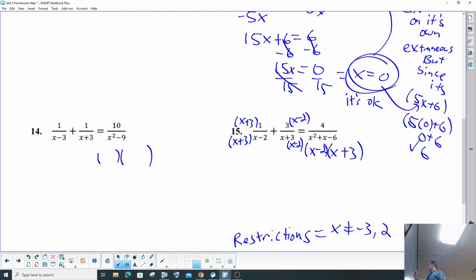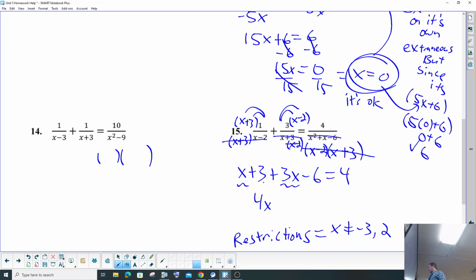So now we're going to eliminate the bottom. Woo! With our water gun. So 1 times x is x. 1 times 3 is 3. Plus 3 times x is 3x. And 3 times negative 2 is negative 6 equals 4. So then 3x with a 1x is 4x.